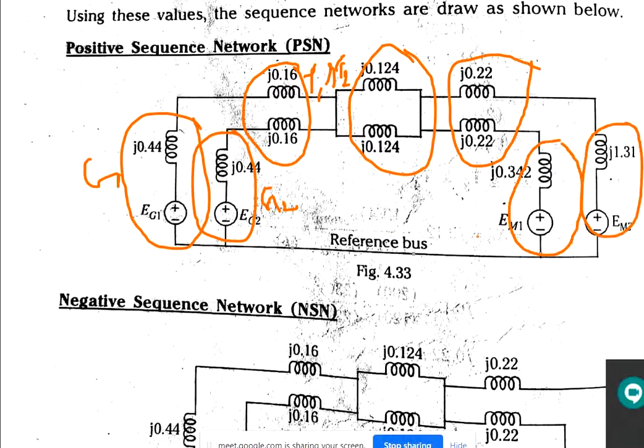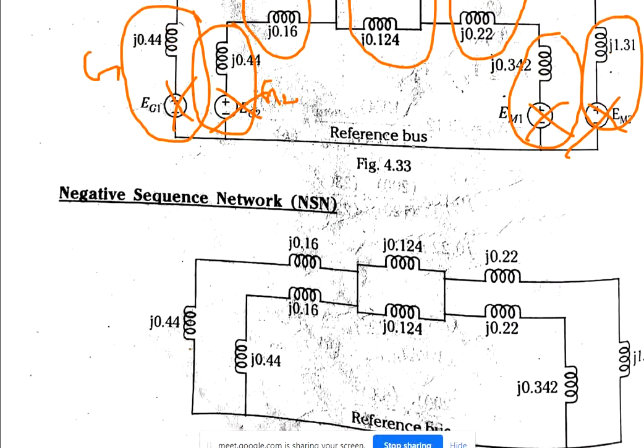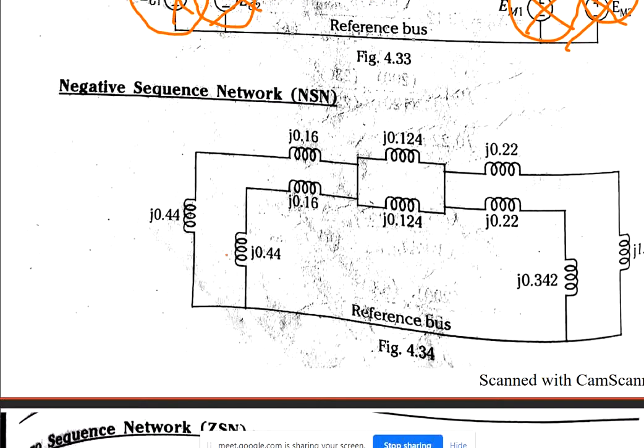Now how can I draw the negative sequence reactances? You just eliminate the voltage sources. All the values remain the same; you just eliminate the voltage sources. Then you will get the negative sequence reactances.